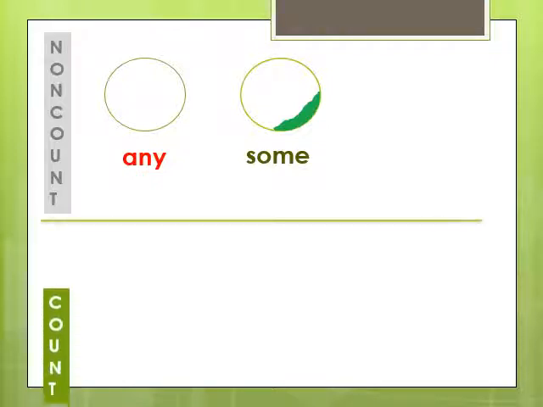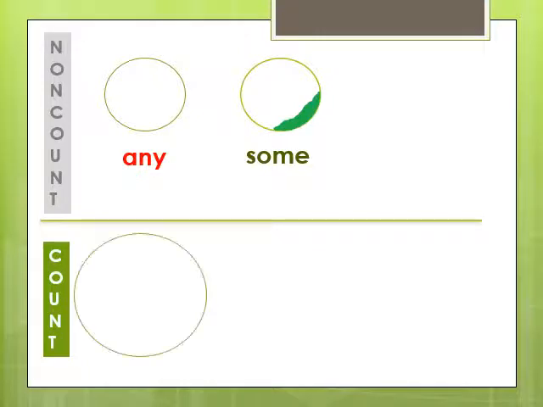Okay, and then we have some. Look at this. The mental representation is that you have some, a portion. So we use any and some with uncountable nouns. Okay, look at this.